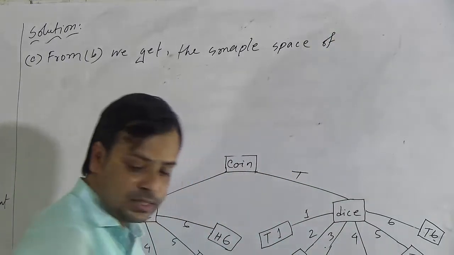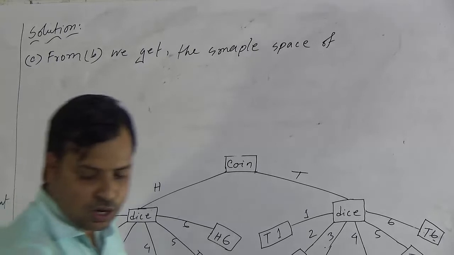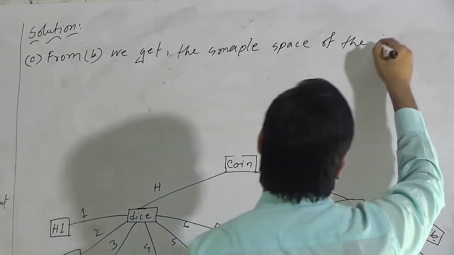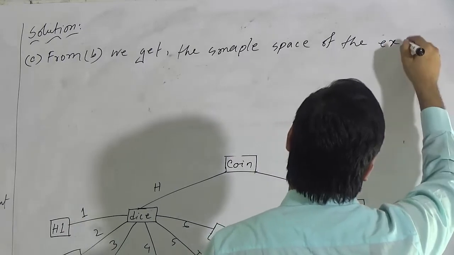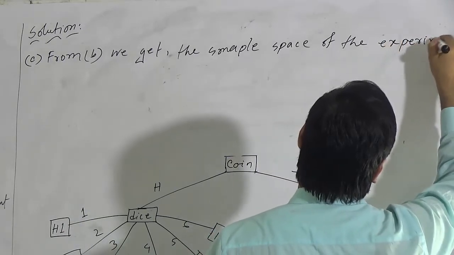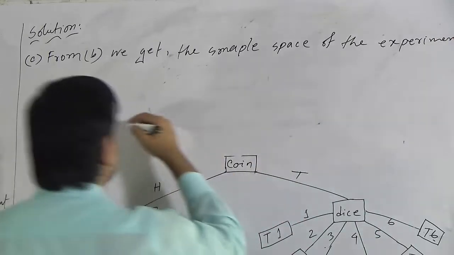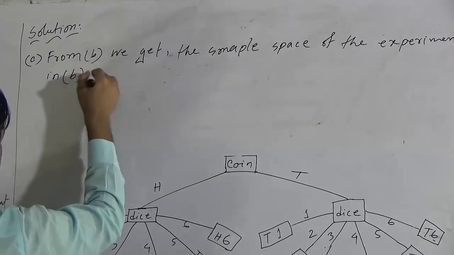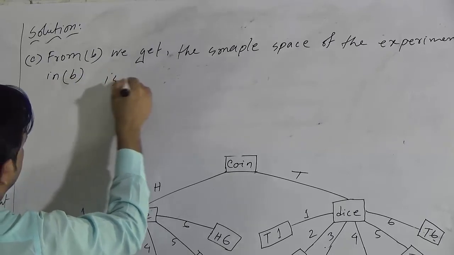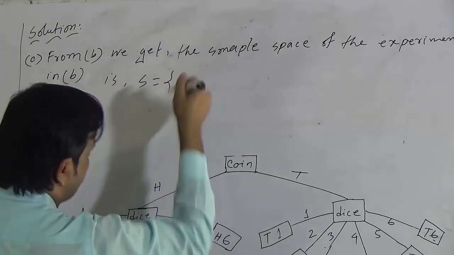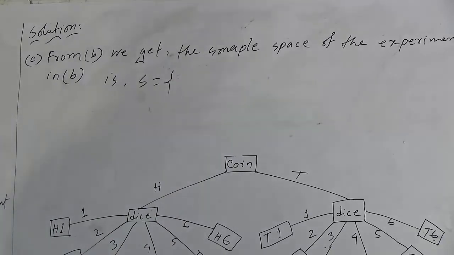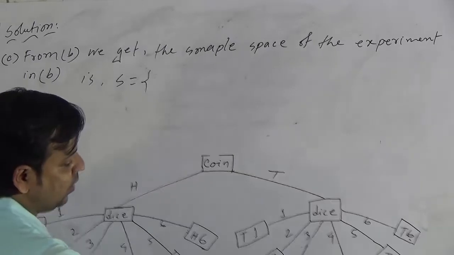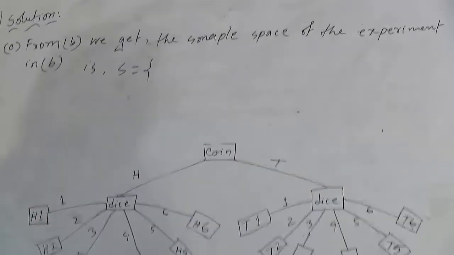The sample space of the experiment in B is S equal to, we can write the sample space from the probability tree. Including all these sample points, we will write the sample space.